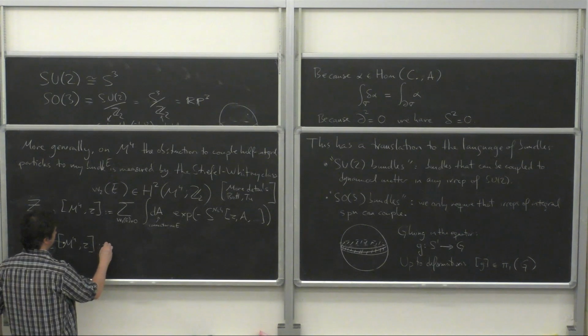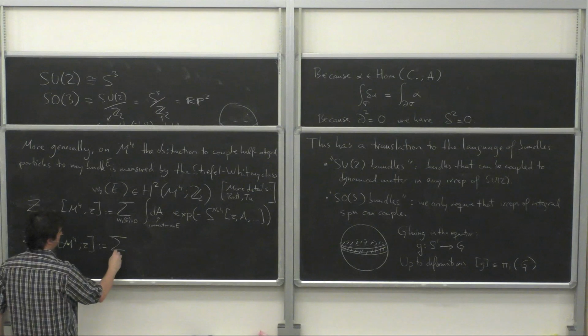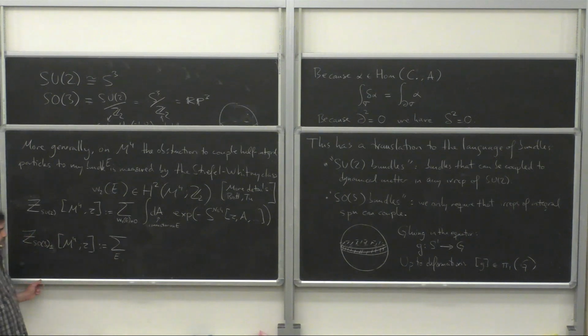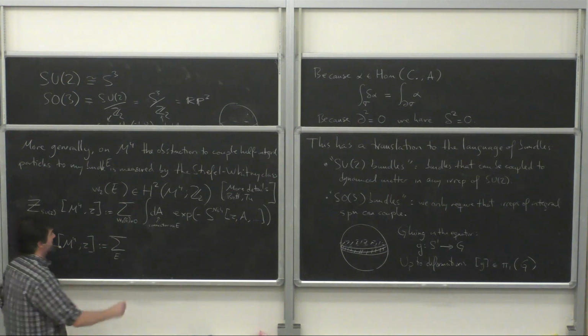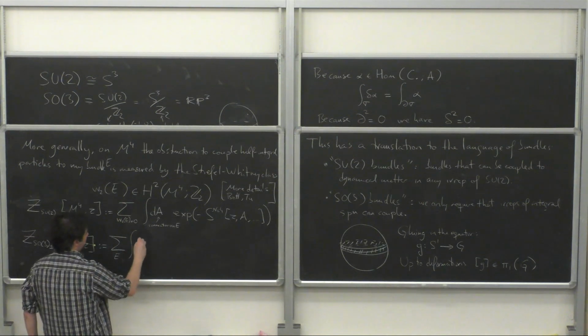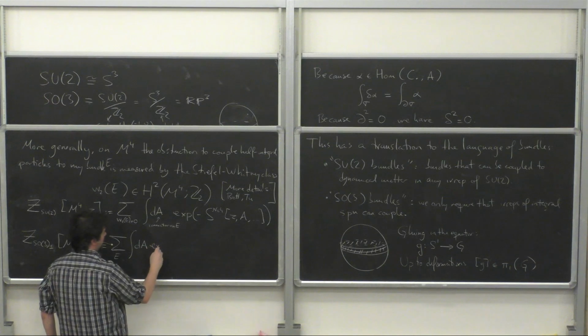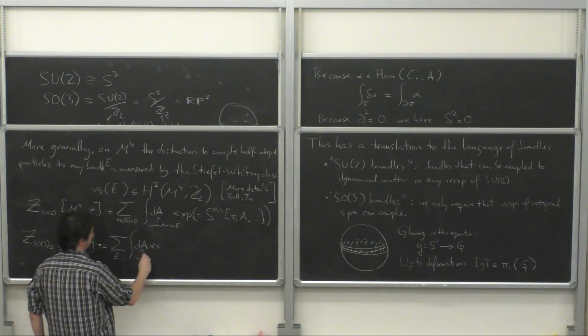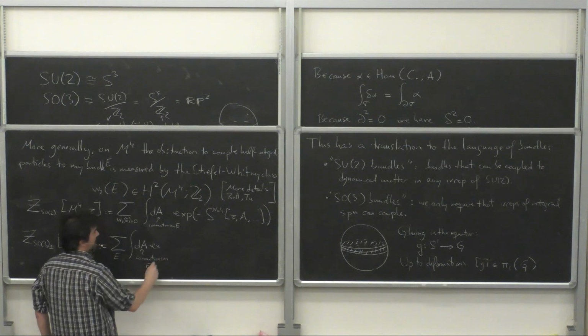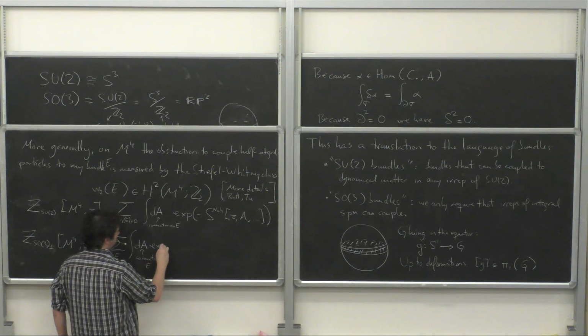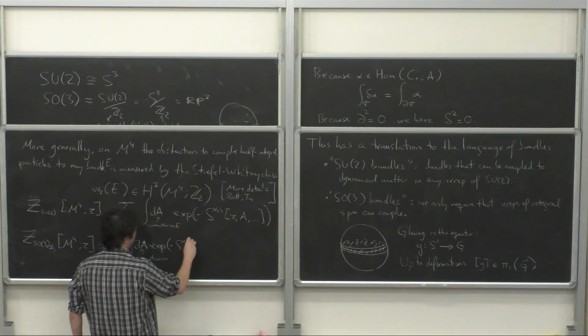And the partition function is defined the following way. Now it is the sum over all bundles. I don't impose the condition that the second Stiefel-Whitney class is 0. I do the path integral over connections, with the same N equal to 4 action.